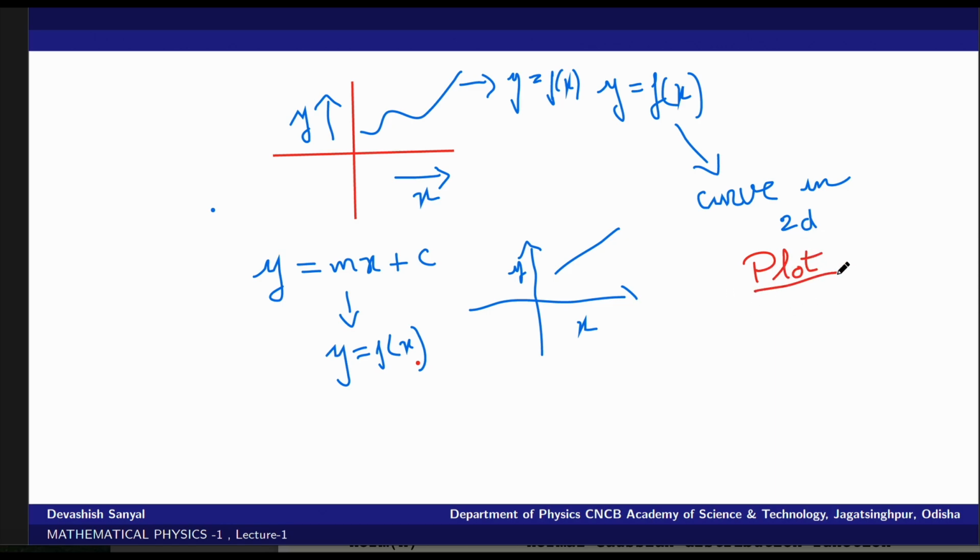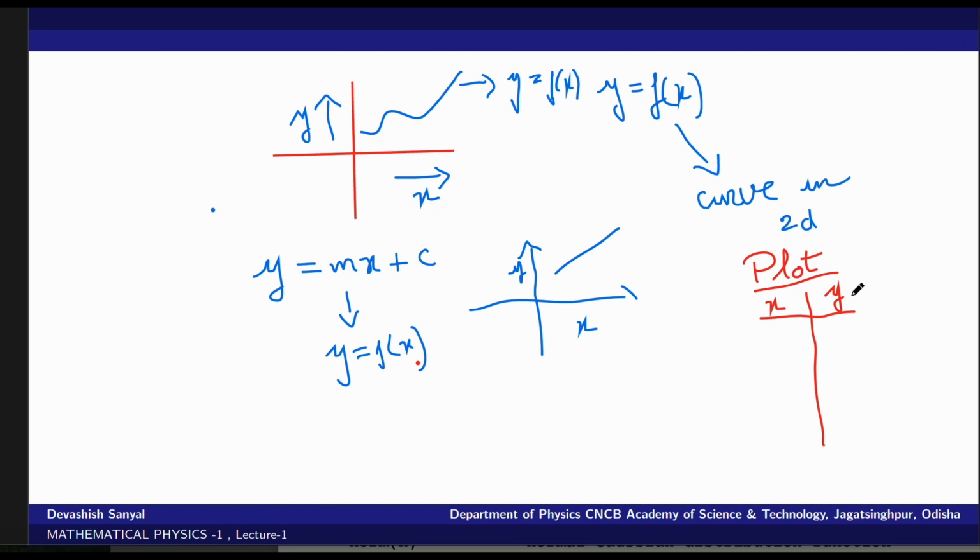You are given y is equal to f(x), so you have to make a table like this. One column will be x, the other column will be y.